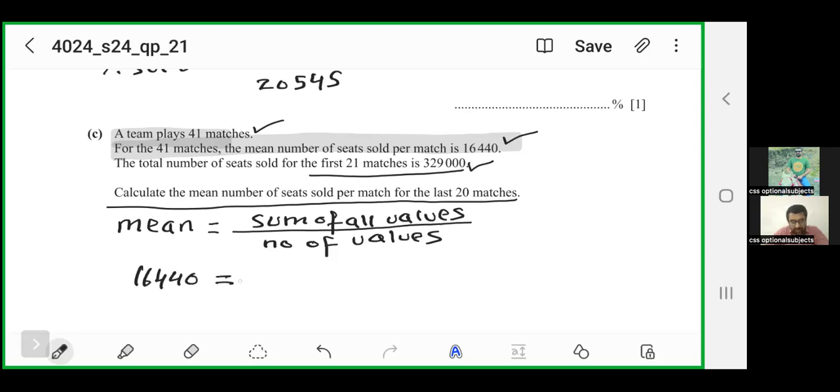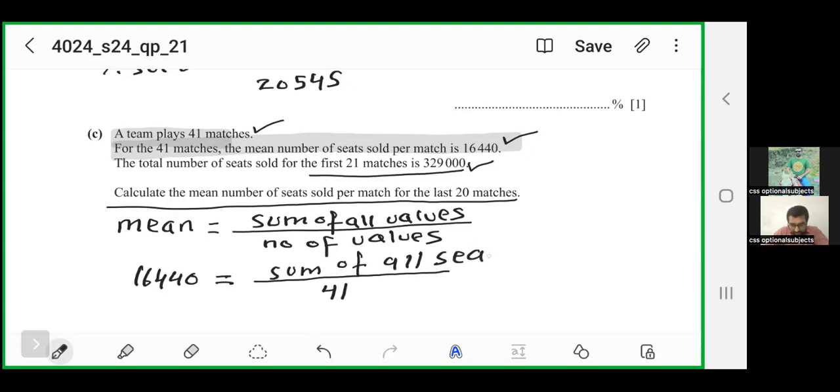The number of matches is 41. From here, I can find the total sum of all the seats in 41 matches.